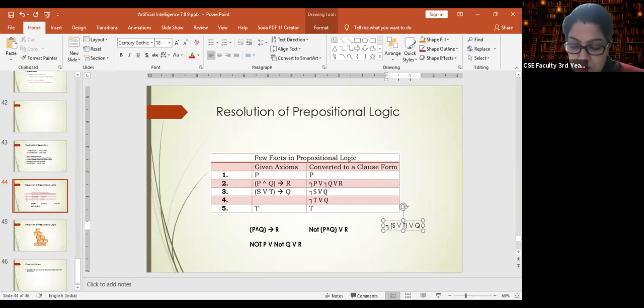When we convert into clause form, we will keep all the or signs. If such things are coming, we can write it as not S or Q, not T or Q, by breaking it, and the final one is T. So this is how we can show it.